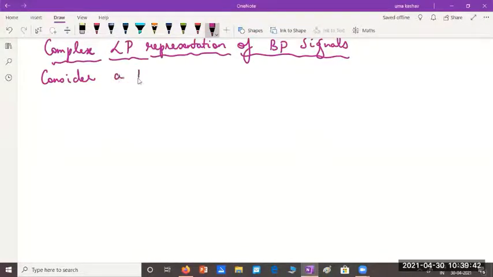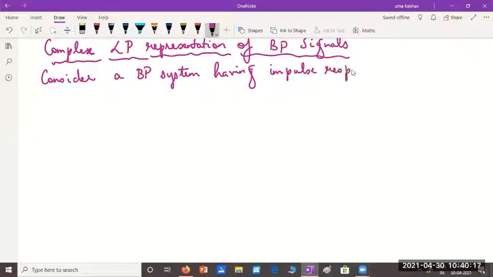Consider a bandpass system. We are trying to convert bandpass to low pass. So let's try to give the low pass equivalent representation of a bandpass signal. Converting from bandpass to low pass, how we do, we are seeing. So consider a bandpass system having, as usual, impulse response h of t.